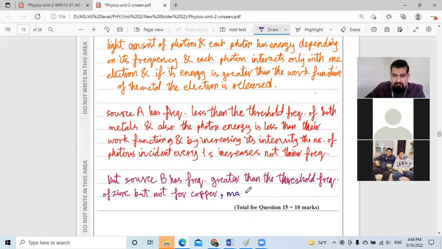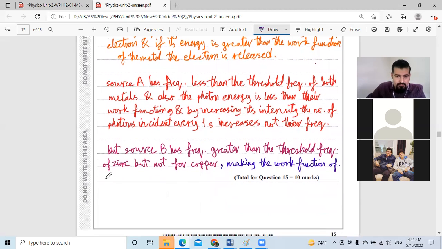Making the work function of zinc between 2.0 electron volt and 4.4 electron volt.